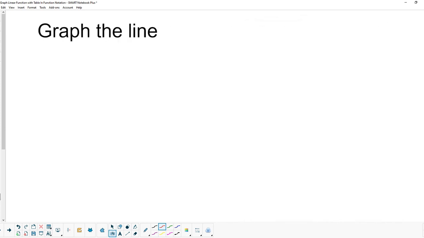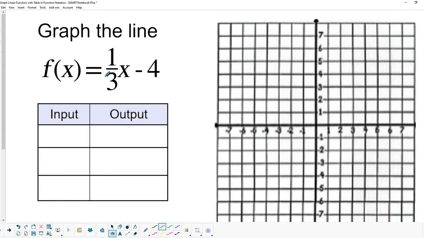Okay, we got one more. This one, we've got 1/3 for our first number. So in this case, we can start with 0, but for the next two numbers that we choose, I want them to be divisible by 3 so that when I multiply them by 1/3, the fraction will go away.